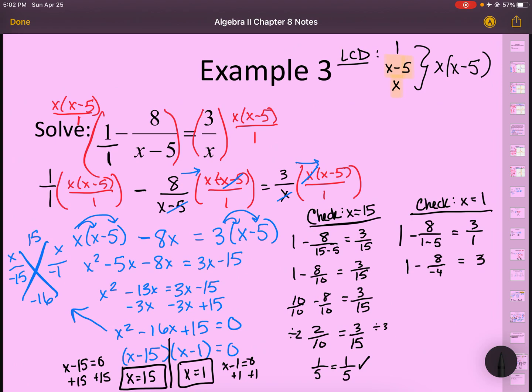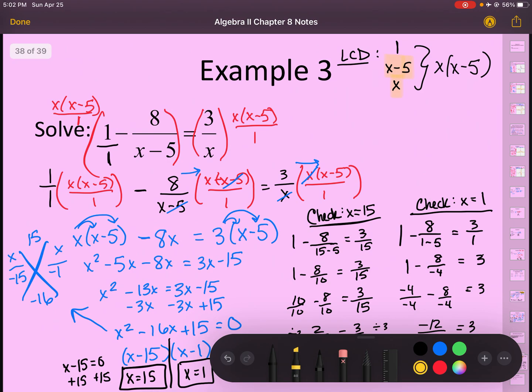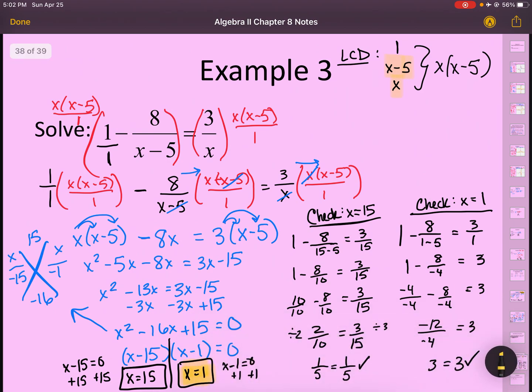And now I can write 1 using negative 4s as negative 4 over negative 4 minus 8 over negative 4. Negative 4 minus 8 more is negative 12 over negative 4. And that does make a 3, because two negatives divided by each other makes a positive. So these are both our answers to example 3. So positive 1 and 15. None of them were extraneous.